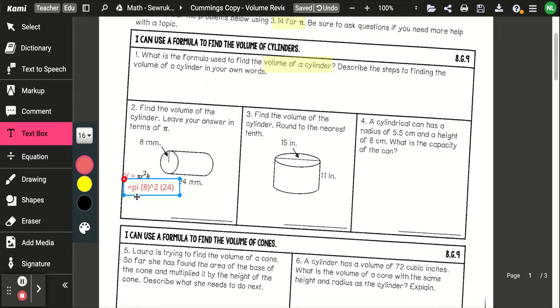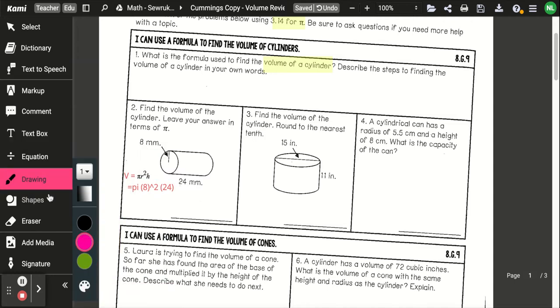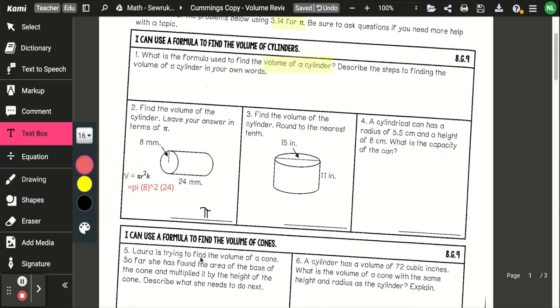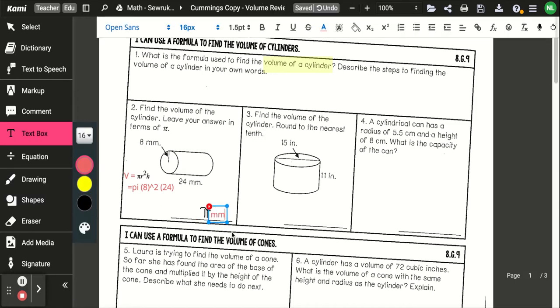Now, when you do this, you're going to leave the pi out of it, and you're just going to do 8 squared times 24 in your calculator, and then you will put pi. I'm just going to draw it because obviously you guys will have a paper. I don't. So you're going to leave your answer in terms of pi. So write what you get before it, and then it's going to be millimeters, and then don't forget it's cubed. So you'll write that little 3 up at the top.